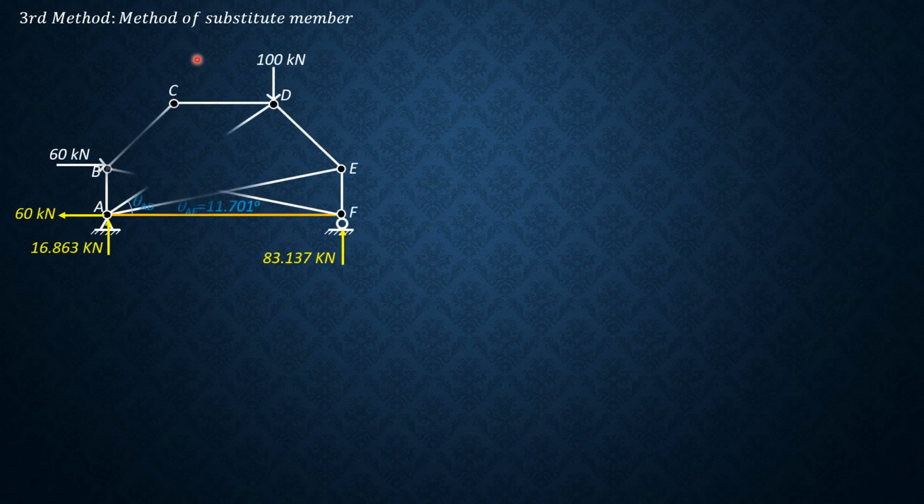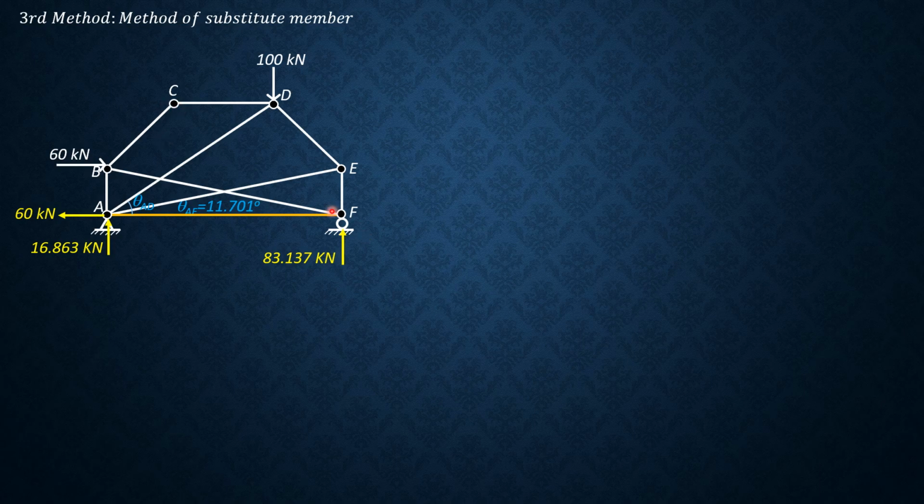So the idea here is we select a member to be replaced with another member, and the technique is to transfer or replace that member with another member in such a way that the joint where that member is connected to will have easy calculations or determination of the stresses.